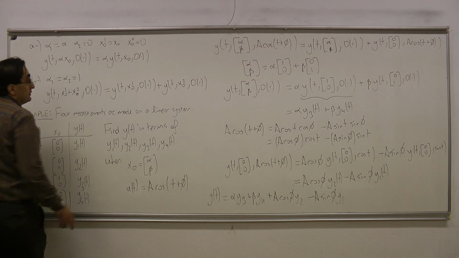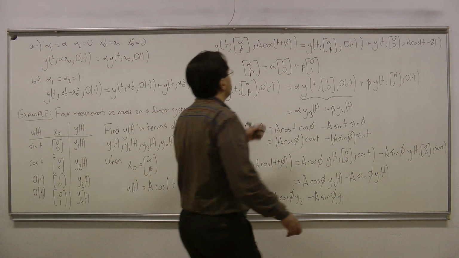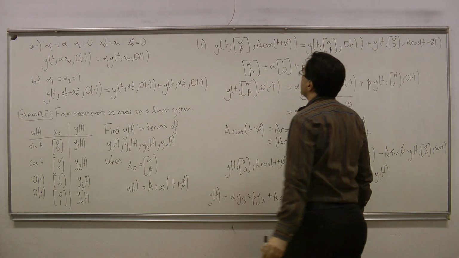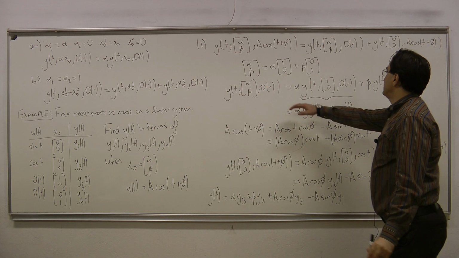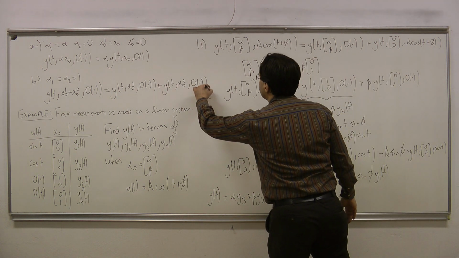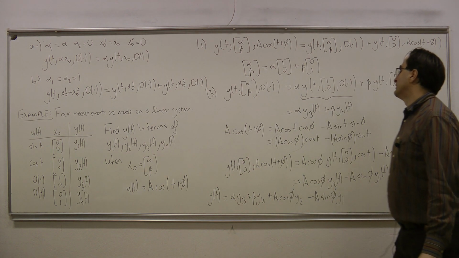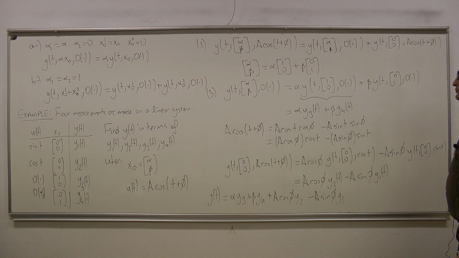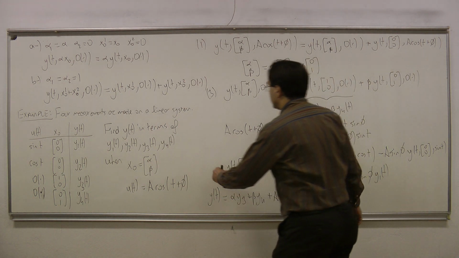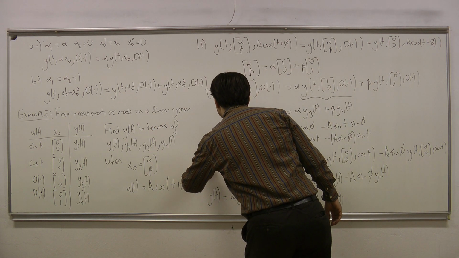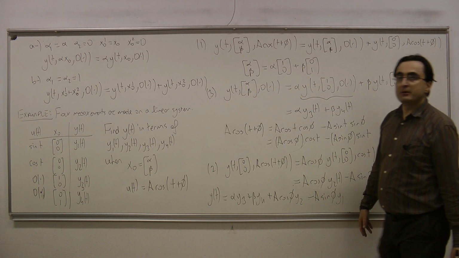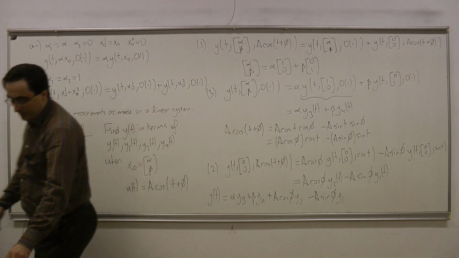Which properties did I use? For writing this first equation, I have used the first property, and for writing the second equation, this decomposition, I have used the linearity of the zero input response, and for writing this last one, I used the linearity of the zero state response, which was the second property. Okay? And that completes this example.